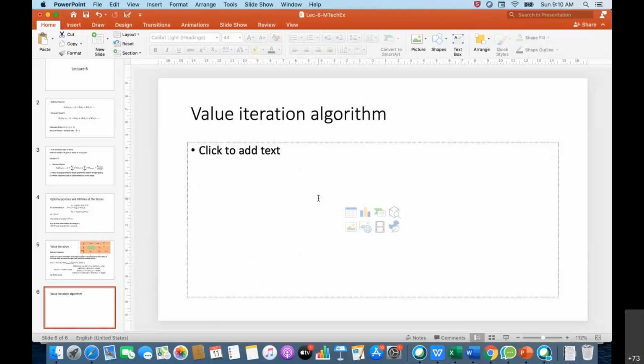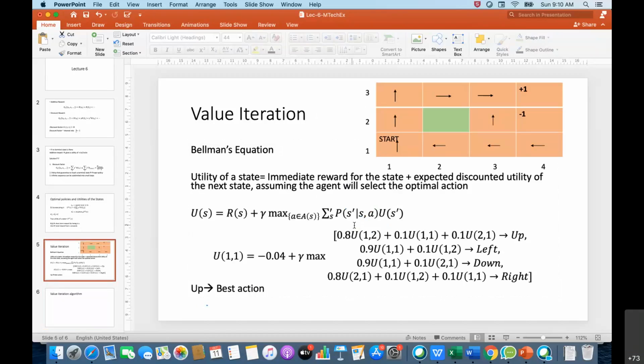Therefore, what we are doing, we are first assigning some arbitrary values to the utilities of the states. Randomly, we are assigning some arbitrary values initially. Then we are computing the right hand side of the equation.